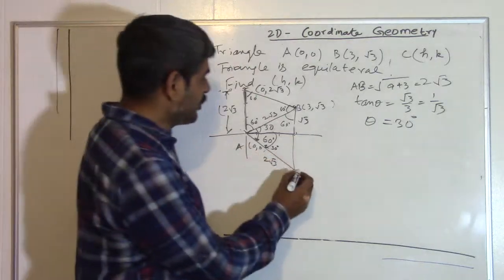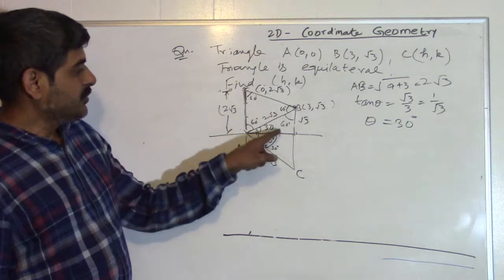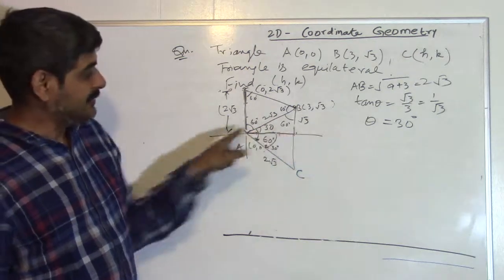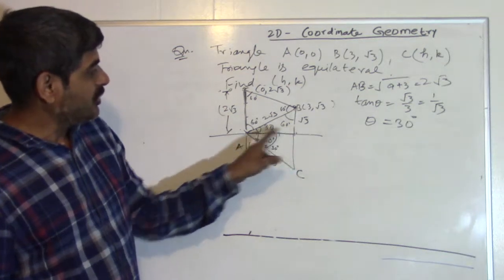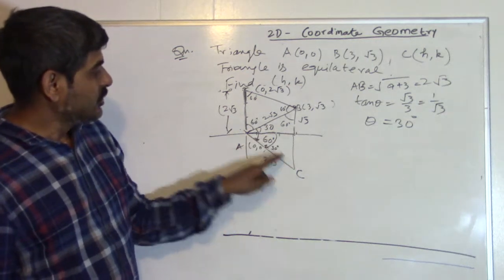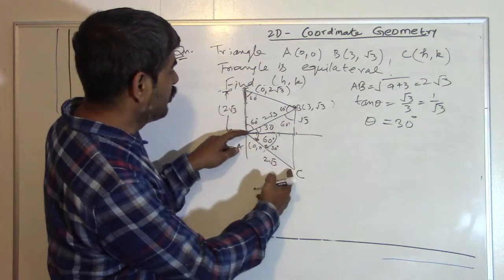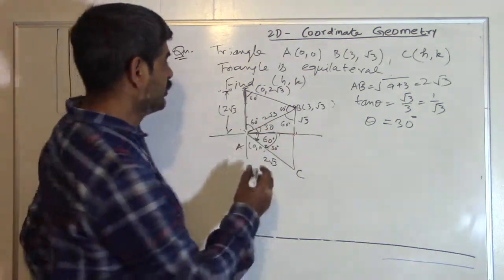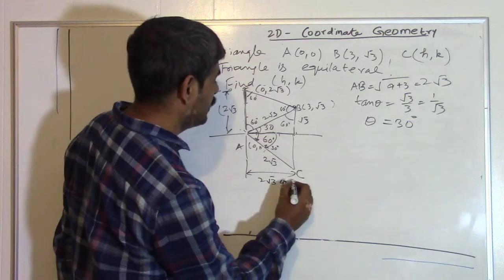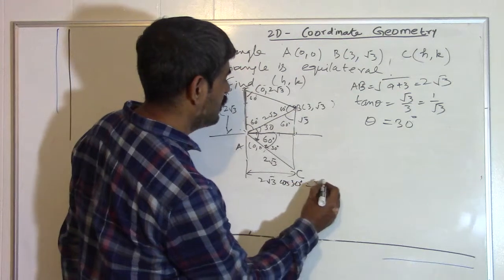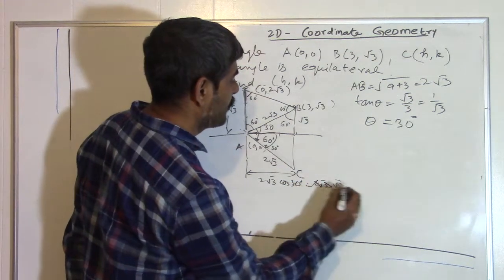What we have is another point C such that it is making 30 degree from this x-axis and it's of length 2 root 3. And now we can find out this length and this length using 2 root 3 cos 30 degree and 2 root 3 sin 30 degree. So this length will be 2 root 3 cos 30 degree, which is 2 root 3 multiplied by root 3 by 2, which will become 3.